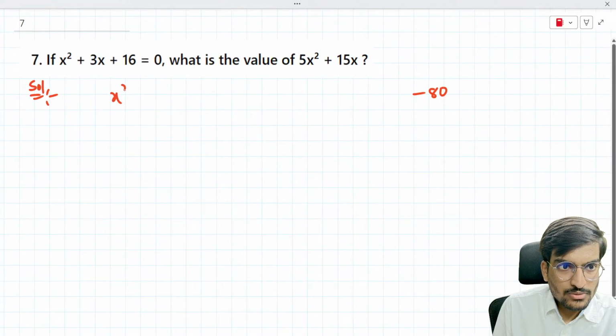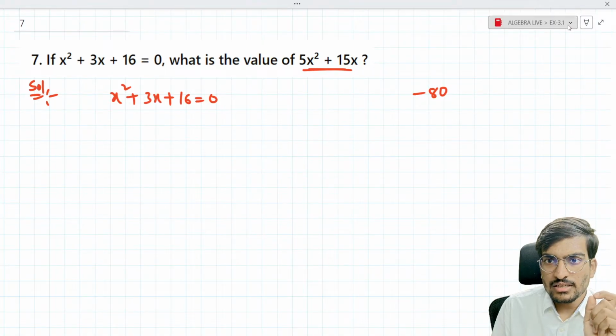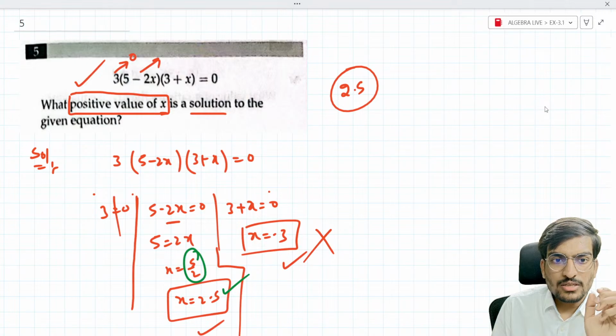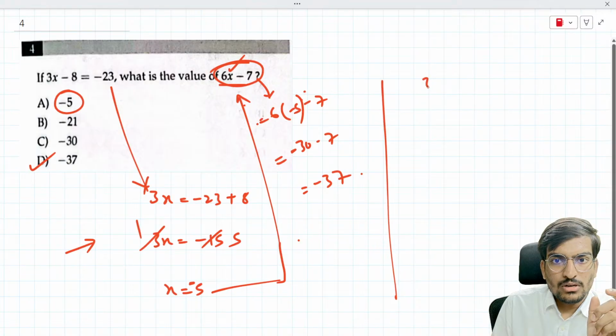So the given equation is x square plus 3x plus 16 equals 0. You can find the value of x, but that is a lengthy procedure: find the value of x and substitute into the given thing, just like how we did here. We can also solve question number 4. 3x minus 8 equals negative 23.